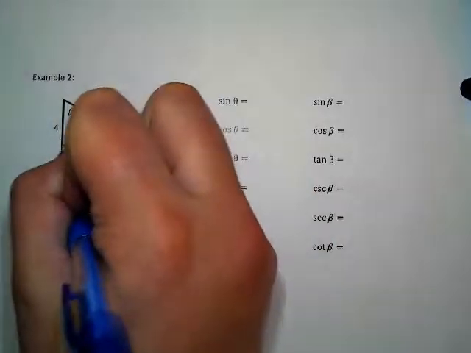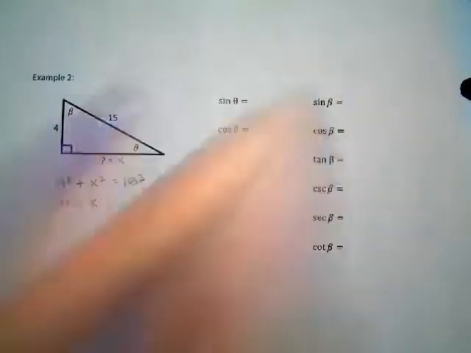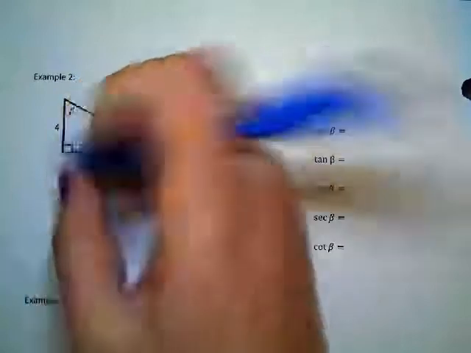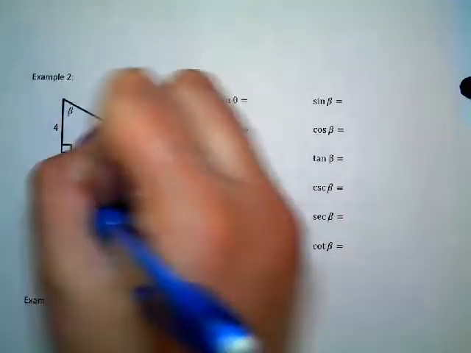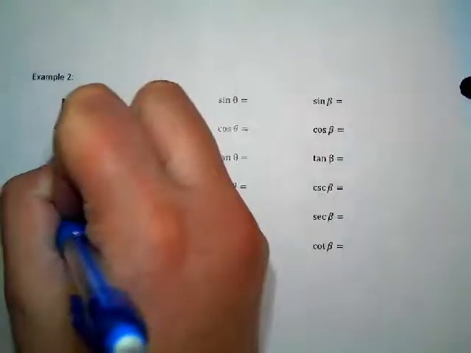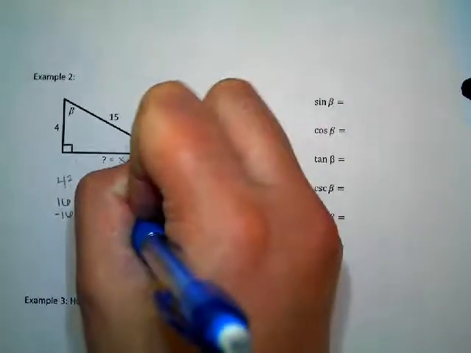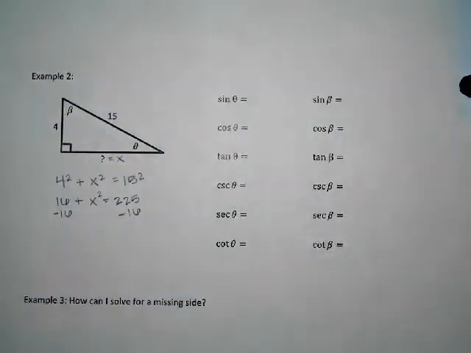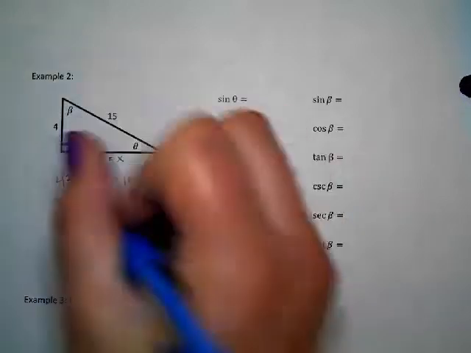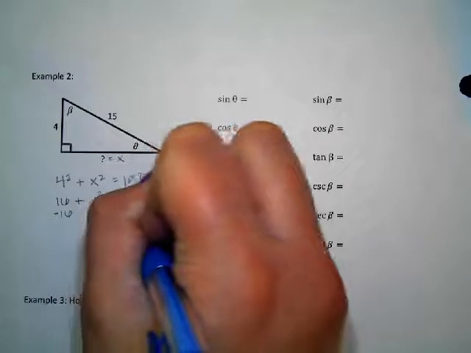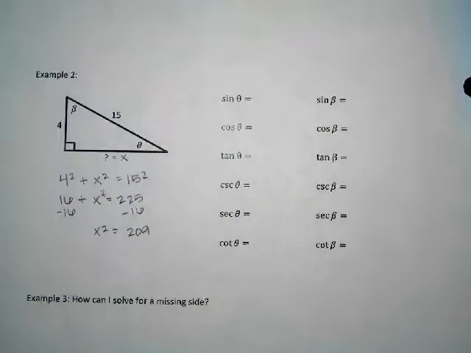So we've got 16 plus x squared equals, what's 15 squared, anybody? So minus 16, minus 16. And is 209 a perfect square?